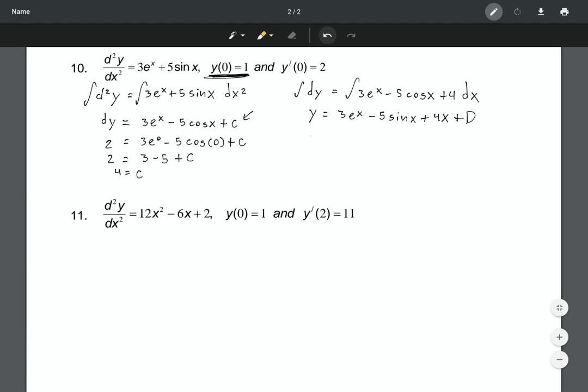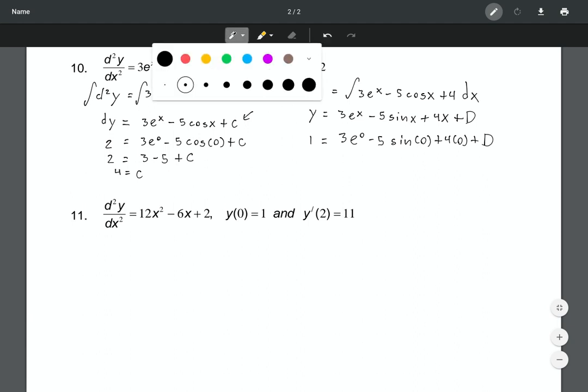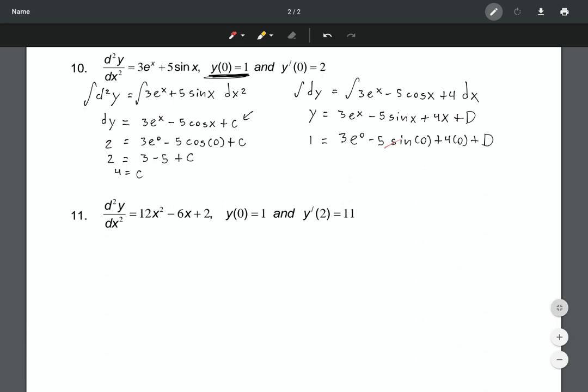All right, so we're going to write 1 is equal to 3e to the 0 minus 5 sine of 0 plus 4 times 0. Well, that's not going to be a whole lot of fun here. Plus d. Okay, so notice that this right here, let's make sure I'm looking at my notes, make sure I'm not making any mistakes. That's going to be 0. This is going to be 0, so I don't really need that anymore.